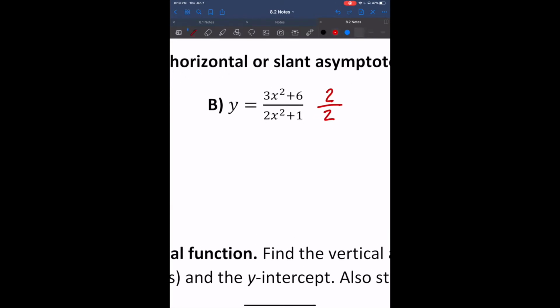A and b come from the leading coefficients of your polynomials. Okay, so this one isn't too hard to determine because it's already written in standard form, and we know that our horizontal asymptote is located at y equals 3 halves. You can leave it as a fraction, or you can convert it into 1.5.